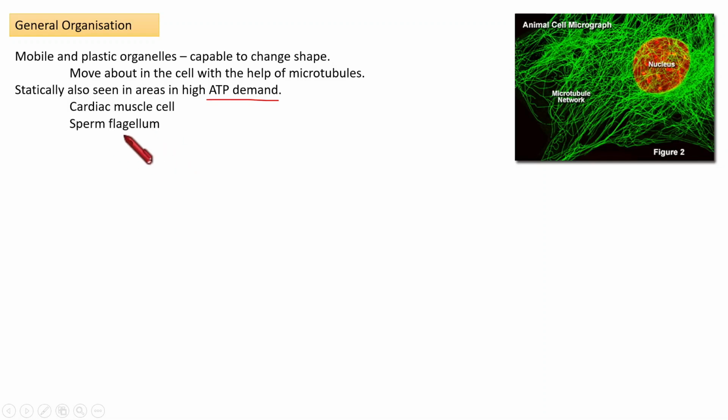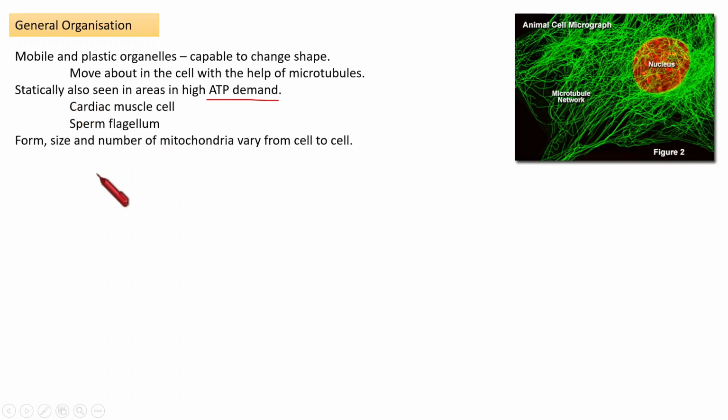Then sperm flagella. Sperm need to move very fast, vigorous, energetic, and need a continuous, constant supply of energy. ATP is required. So along the axis of the flagellum of the sperm, the mitochondria are stationarily present. These are examples of areas where mitochondria statically sit.